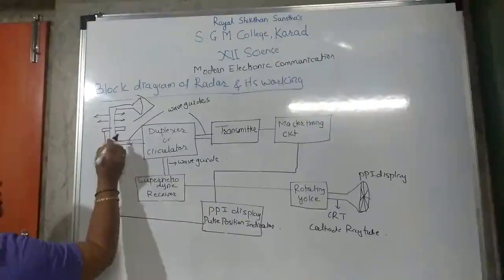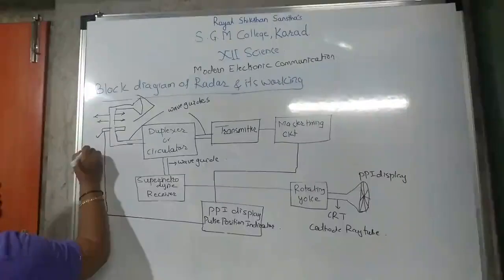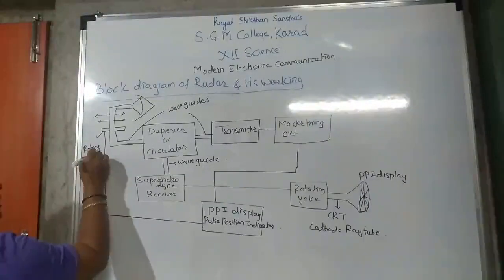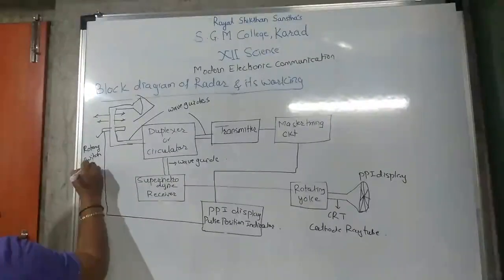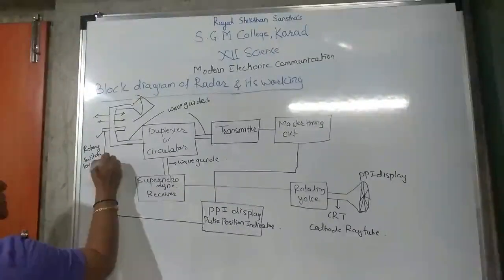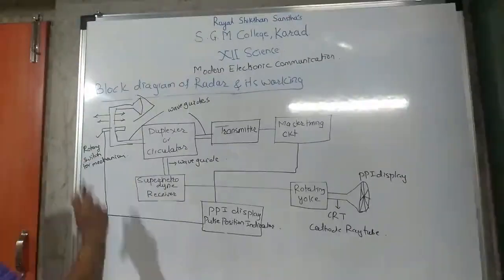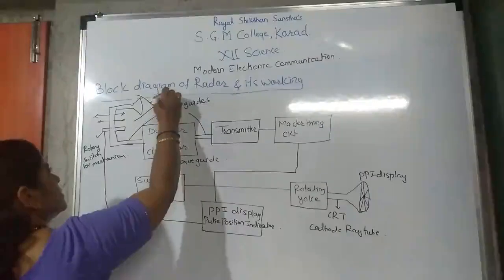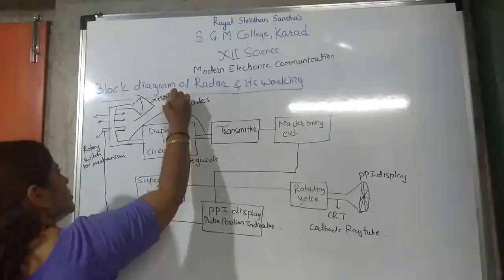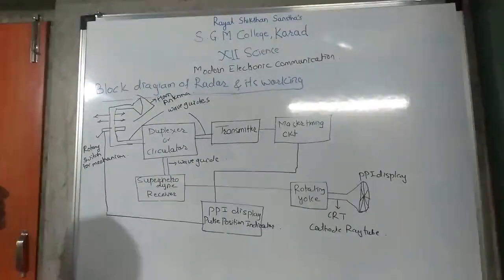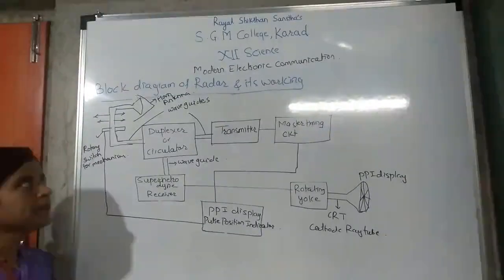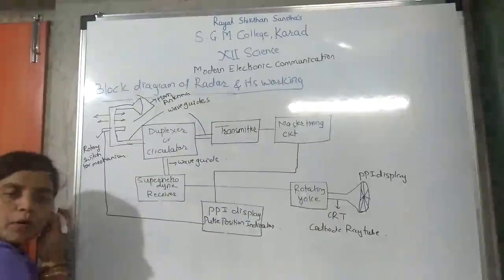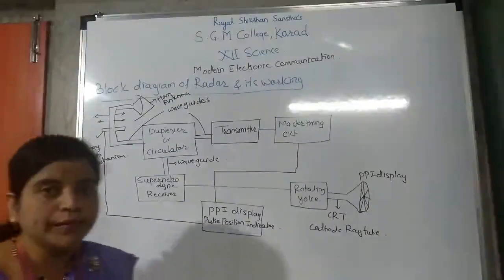And here is the rotary switch for the mechanism. This is the horn antenna. So this is the basic block diagram of the pulse radar and how it works.